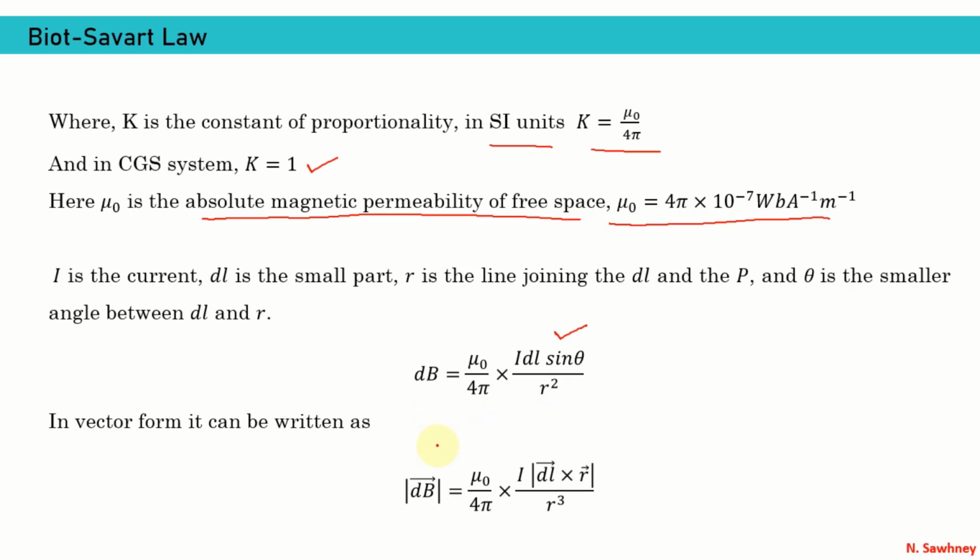Writing it in vector notation, it will be mu naught upon 4 pi into I dl cross r upon r cube. That is the cross product of the elemental length and the distance of the point P from the elemental length dl. The direction of this magnetic field can be understood by the right hand thumb rule.